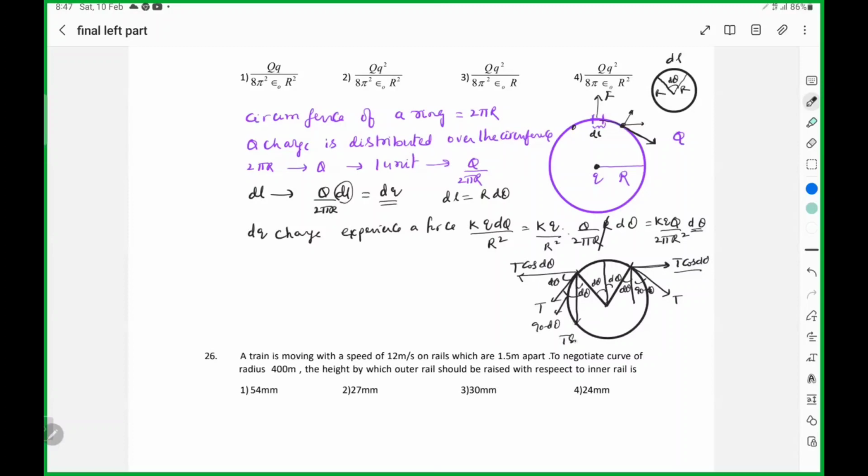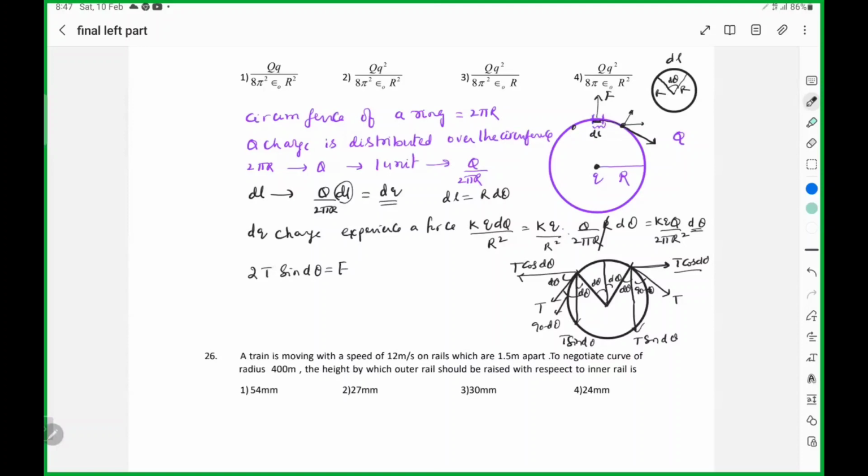Here it is T cos of 90 minus d theta, which is T sin d theta. Here also it is T sin d theta. That force here is 2T sin d theta, which balances the force.